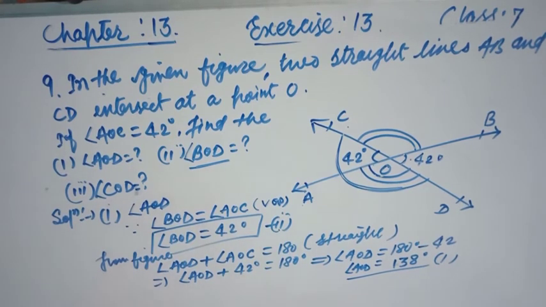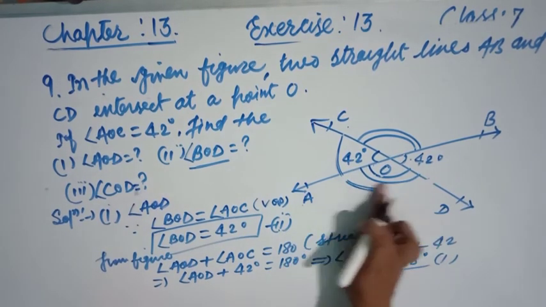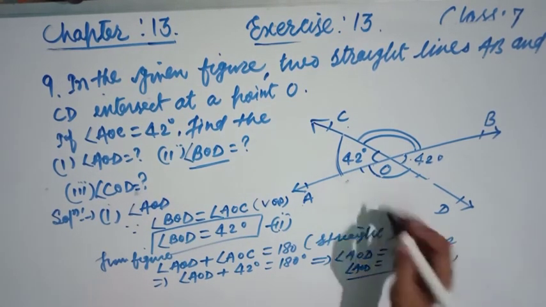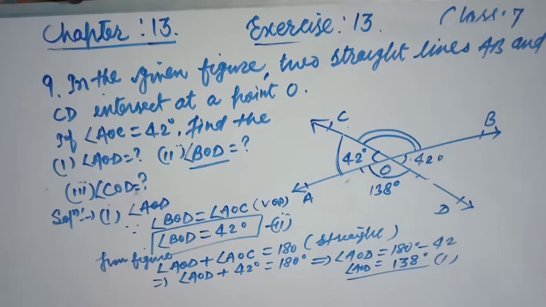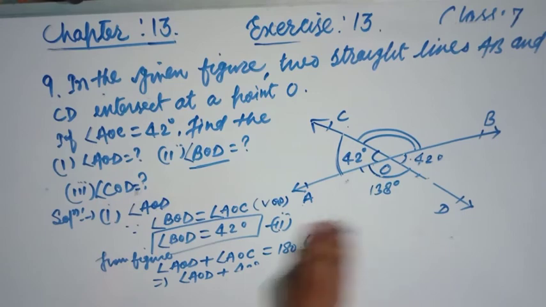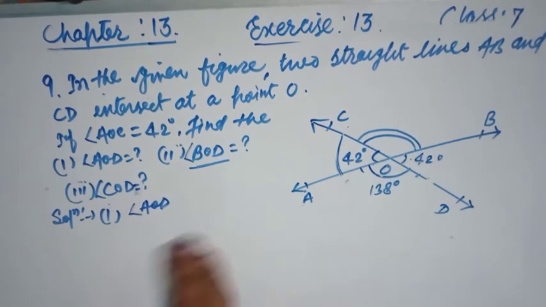Now it is time to find the third. AOD, this angle, is equal to 138. Now the third part is to find the value of COD. Look at the figure.